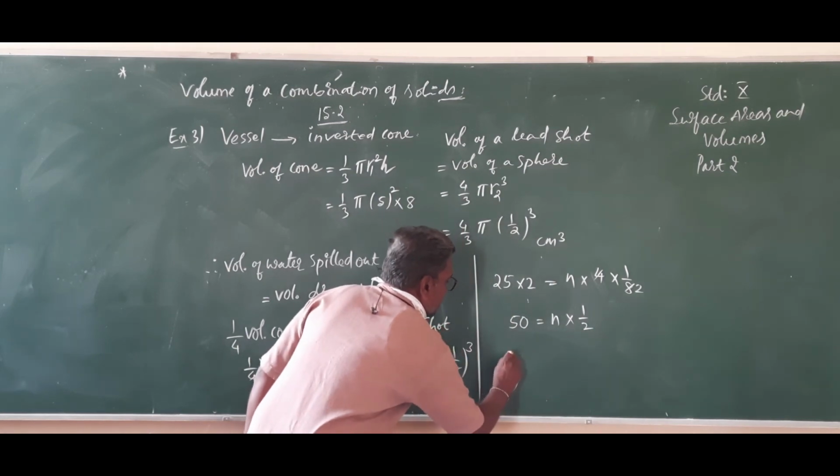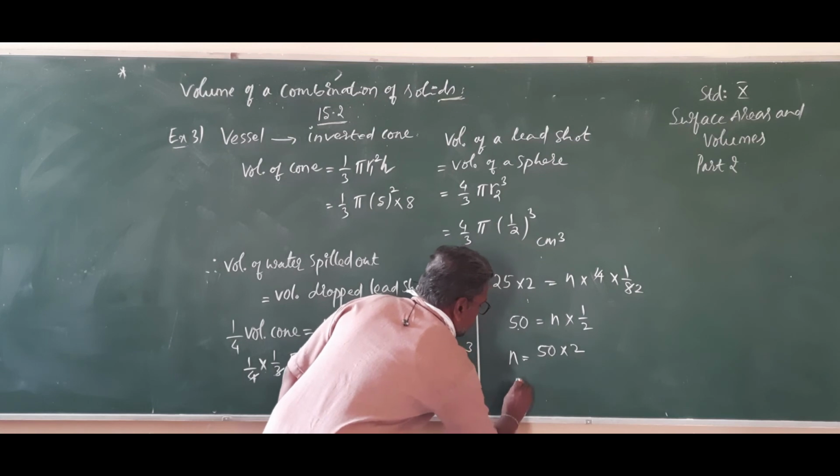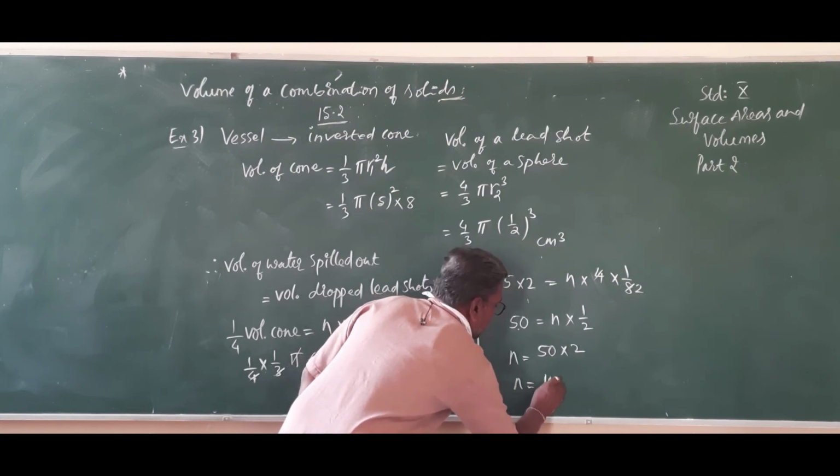So n equals 50 into 2, that is n equals 100.